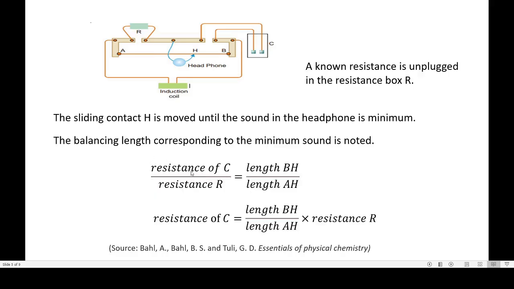So from this, resistance of solution denoted as C will be equal to length BH upon length AH into resistance R. So knowing all these values, we can calculate the resistance of the solution. So this is how the resistance of any solution taken in the beaker, with the conductivity cell dipped in it, we can determine by using meter bridge.